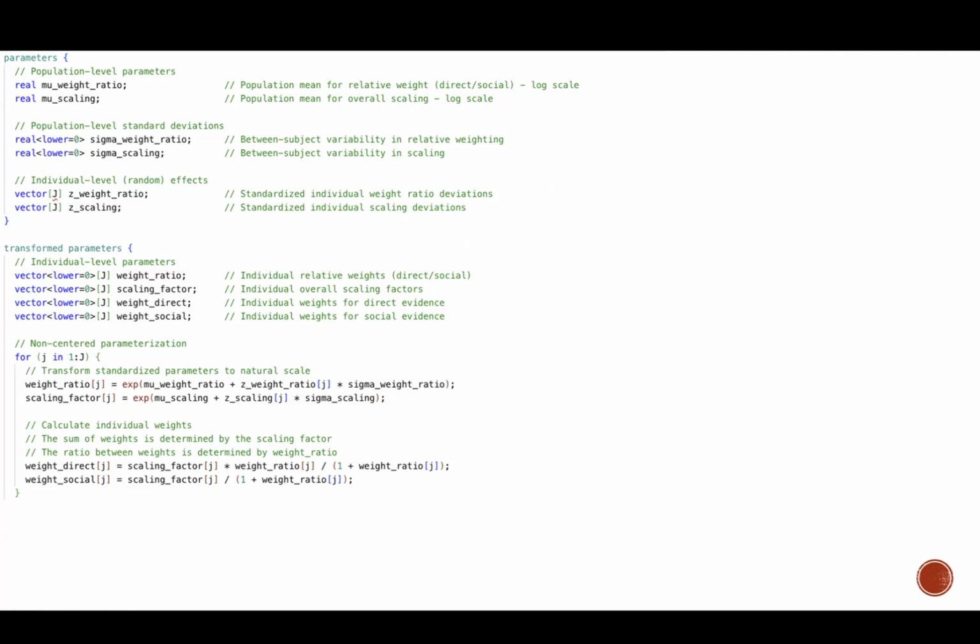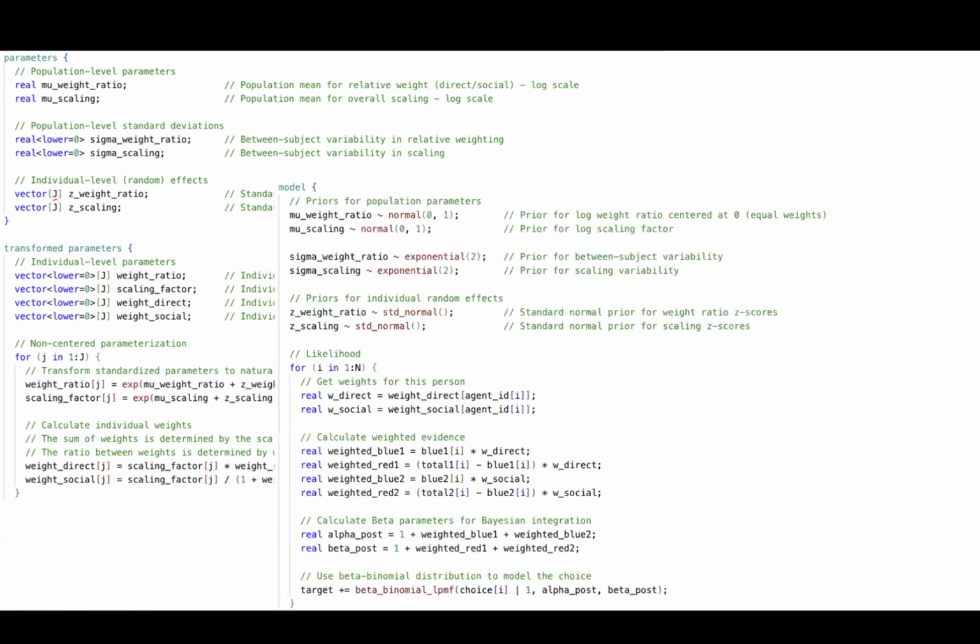And then it's normalized. And then we have that the weight social, again, is the scaling factor divided by the proportion that they have, the ratio that they have. We have then a model that, again, has priors for the mu weight, prior for the scaling, priors for the standard deviations, and a normal prior, standard, for the individual levels of the parameters.